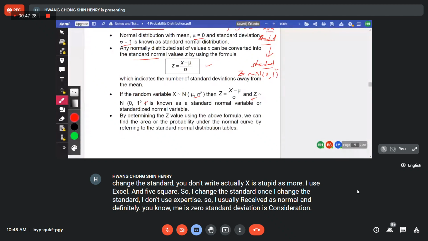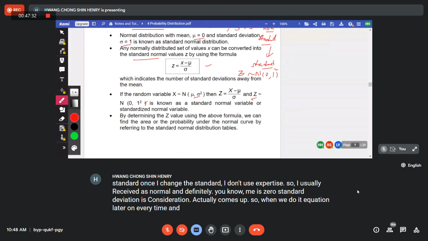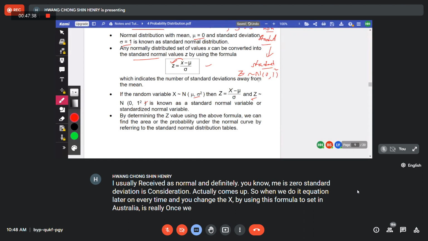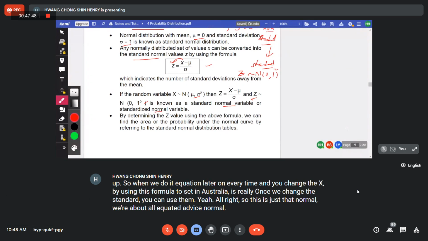X becomes Z. So when we do the equation later on, every time you change X to Z using this formula, you must write it this way. Once you change to standard, you can use the normal table. This is your standard normal variable, or we call it standardized normal variable.